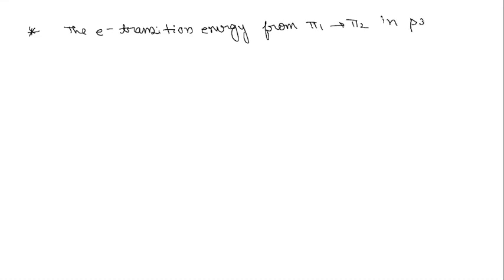another question. This is a very interesting question. The electronic transition energy of the propyl radical is 4.8 electron volt.